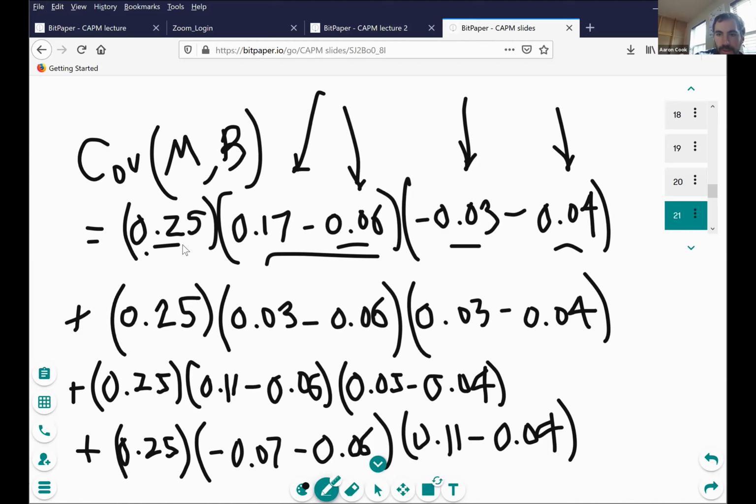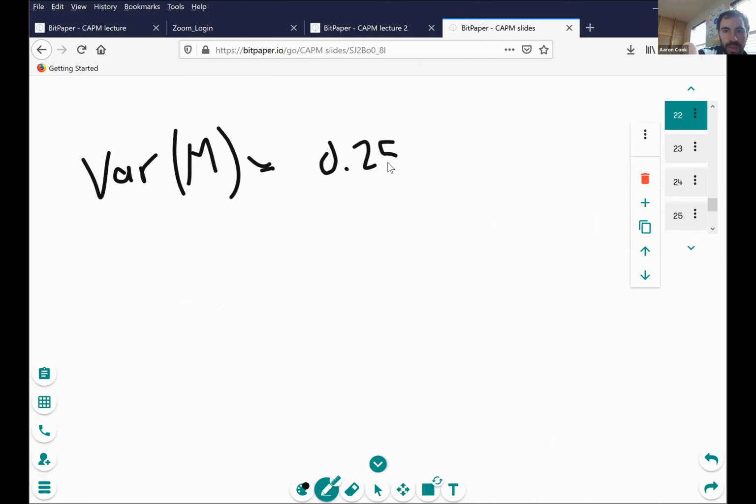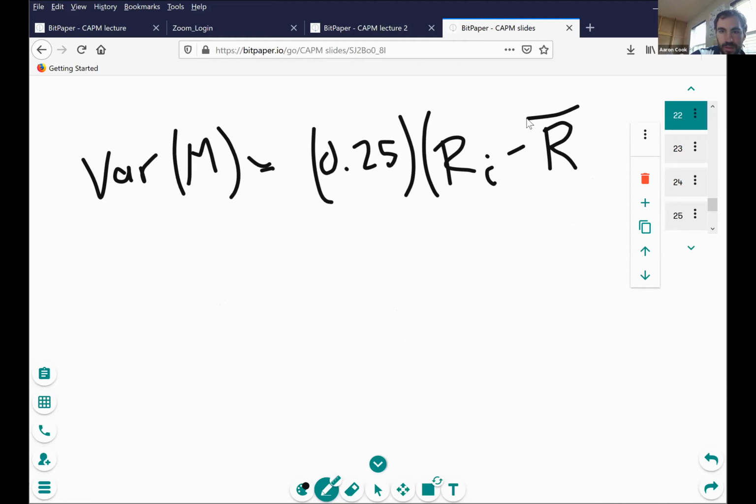That's the covariance, and then the variance is just going to be the variance of the market. It's just going to be each of the individual returns in scenario i minus the average returns.